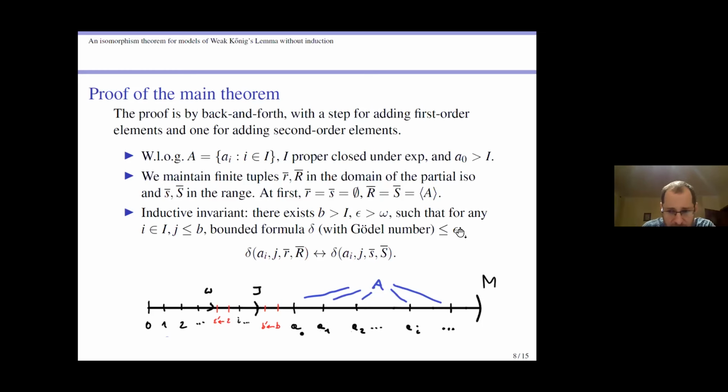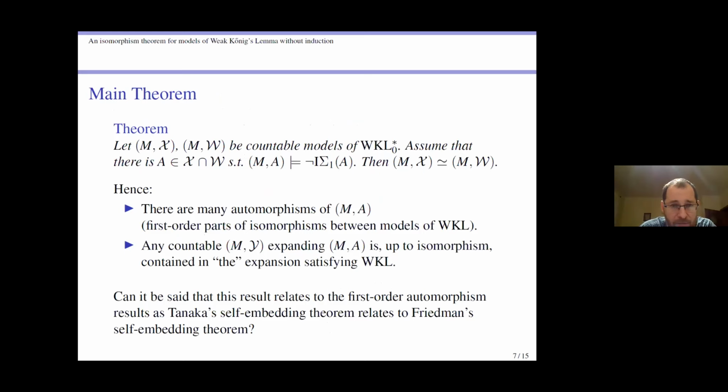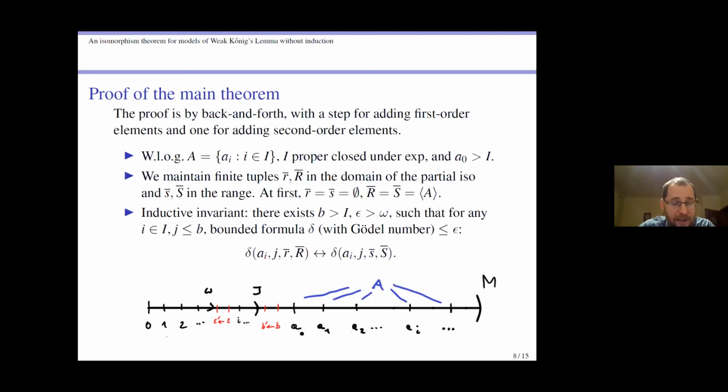So the isomorphism, did I say this? Oh, perhaps I missed it in the statement of the theorem. We may require the isomorphism to fix A setwise. So f of A will be A for the isomorphism. Anyway, we may assume without loss of generality that A itself is this sparse cofinal set that you get by failure of induction, that it's indexed by a cut I, that this cut is a proper cut that's closed under exponentiation.